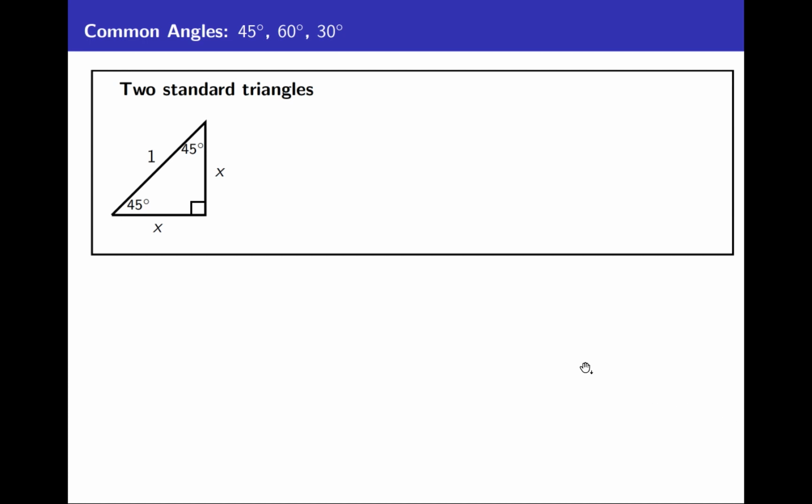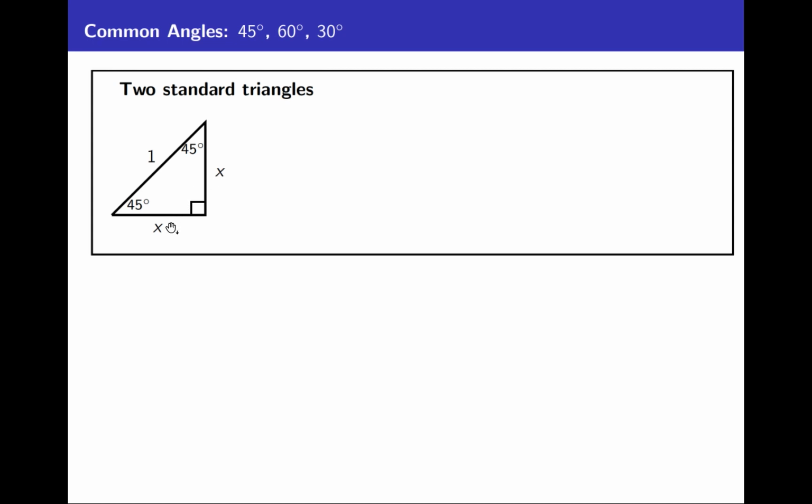On one hand, we have what's called the 45-45-90 triangle. It's an isosceles triangle. Its two angles here are 45 degrees, and then you have a right triangle. And for the model here, think about the hypotenuse as being 1. So you can put it on the unit circle.